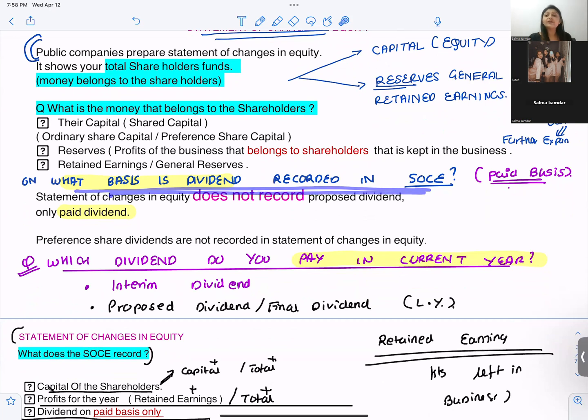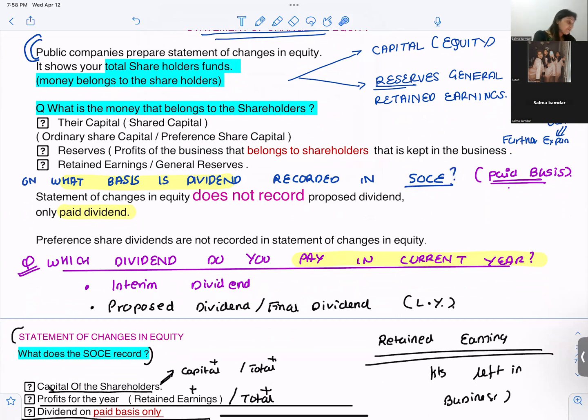Okay, then there is one question in your statement of changes in equity. You record dividend on what basis? On a paid basis. So whatever dividend you pay, you record it over there. The dividend that you propose is never recorded in the statement of changes in equity.